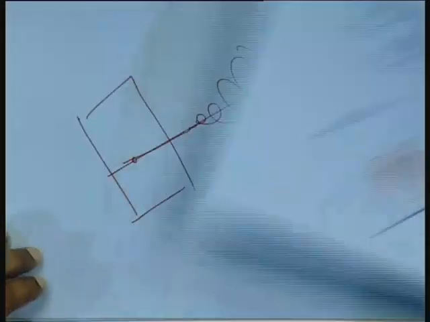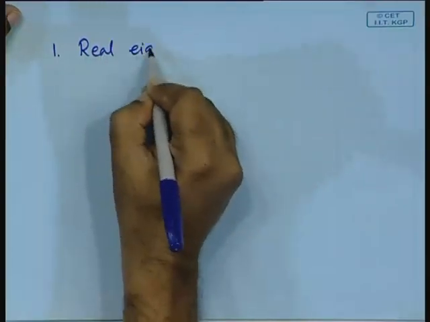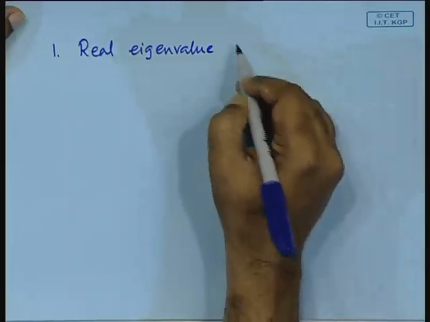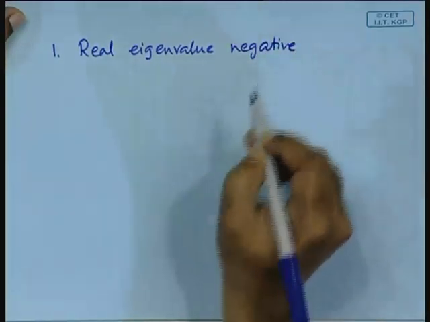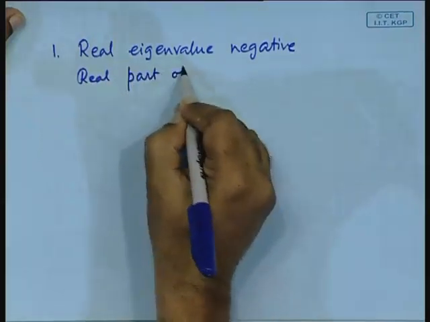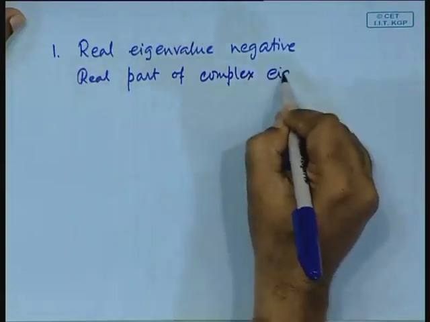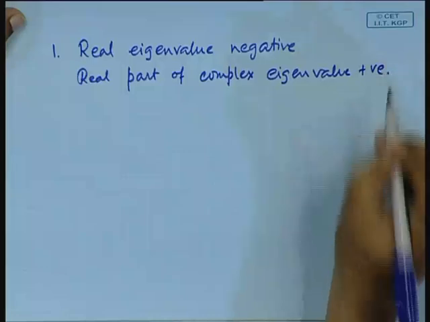Done? Okay, let us come to the next situation. Real eigenvalue negative and real part of complex eigenvalue positive.